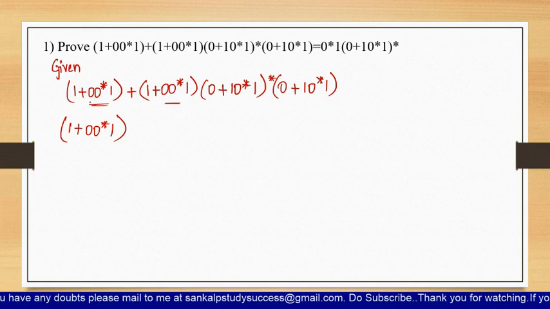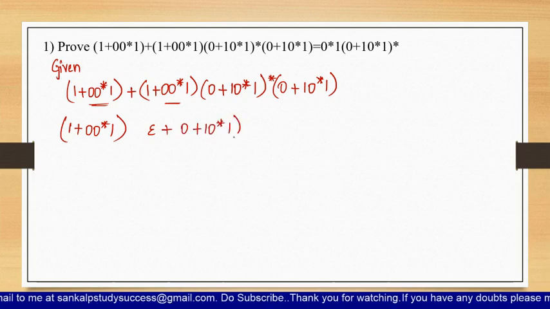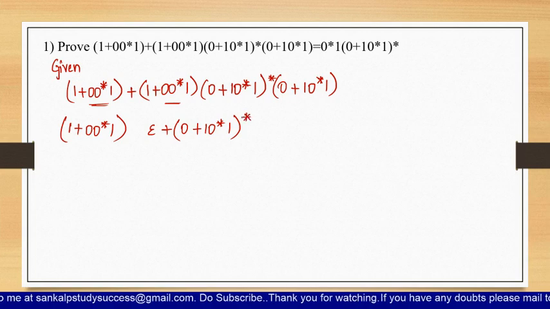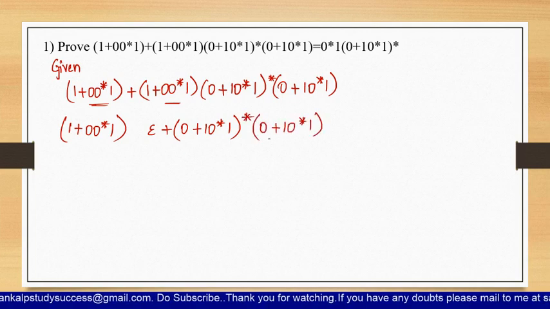For the first term you are having only this one, so you are left with nothing, that is epsilon, plus you are left with these two terms, right? 0 plus 1 0 asterisk 1 whole asterisk into 0 plus 1 0 asterisk 1.